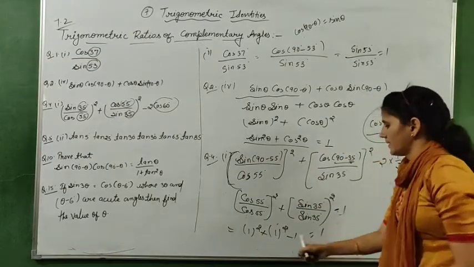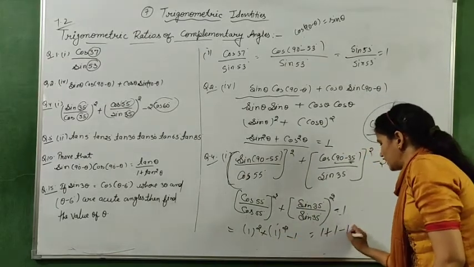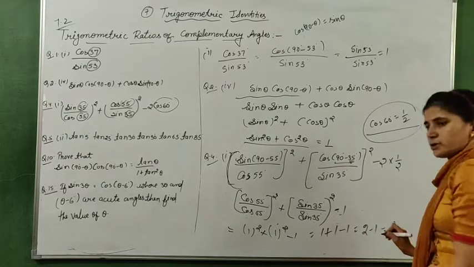So the square of 1 is 1, plus 1, minus 1. That is 2 minus 1, which is equal to 1.